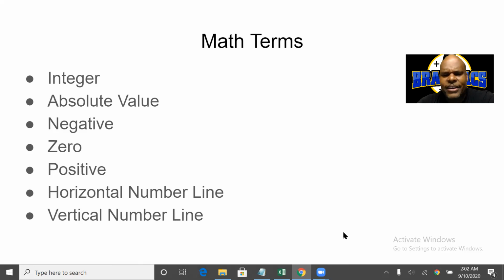Horizontal number line. You'd have to know that word horizontal. What is a horizontal number line? Think about that word horizontal.